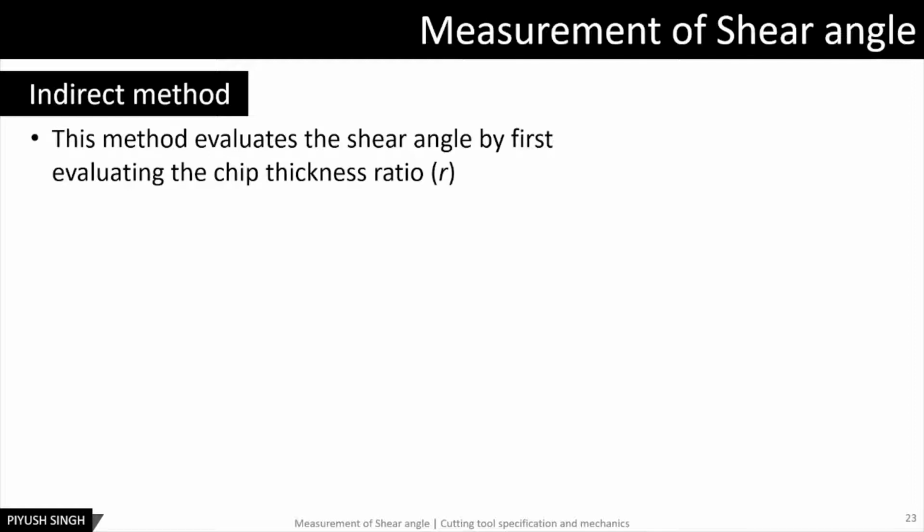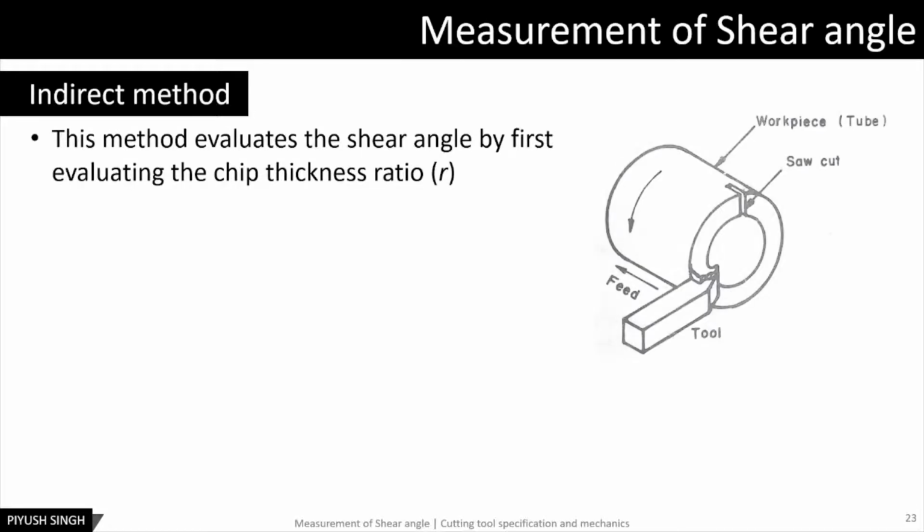For this indirect method, you need to evaluate the shear angle by first evaluating the chip thickness ratio, r. Now what is this chip thickness ratio? Have you studied this? It is a ratio of the uncut chip thickness to the chip thickness. We'll discuss it. First let us see this figure.